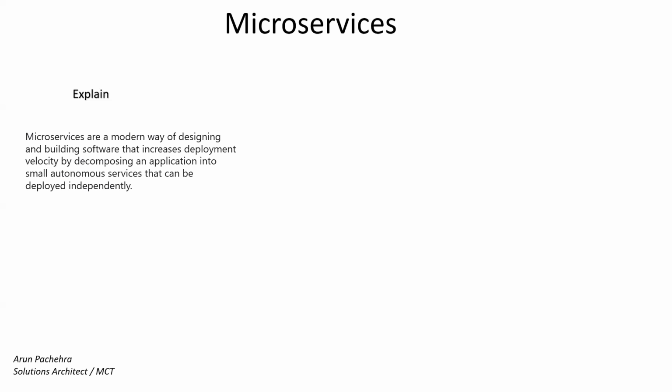What a beauty, right? This means that if a bug is found in one service, it can be fixed without having to redeploy the entire application. It's just one service that got impacted, not the entire application. Independent, small autonomous services, remember? So, yes, that's what microservices gives you.